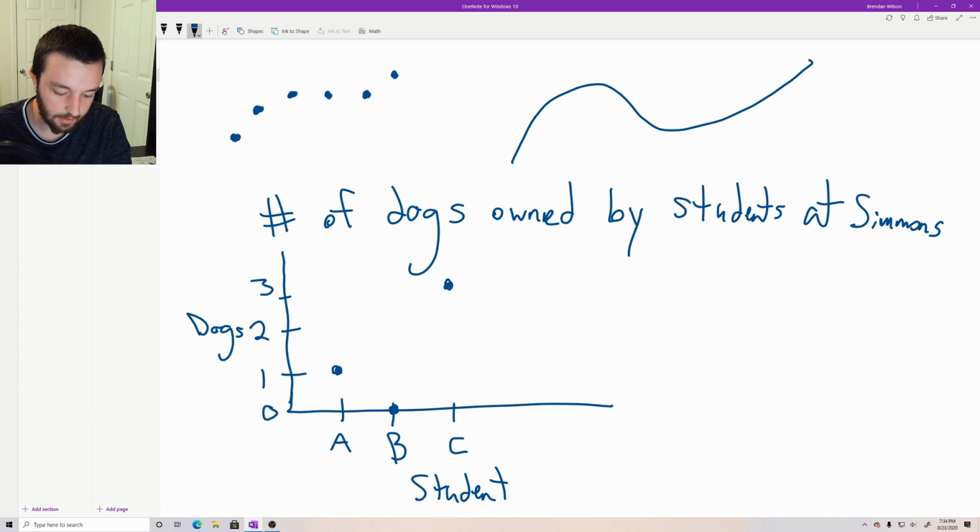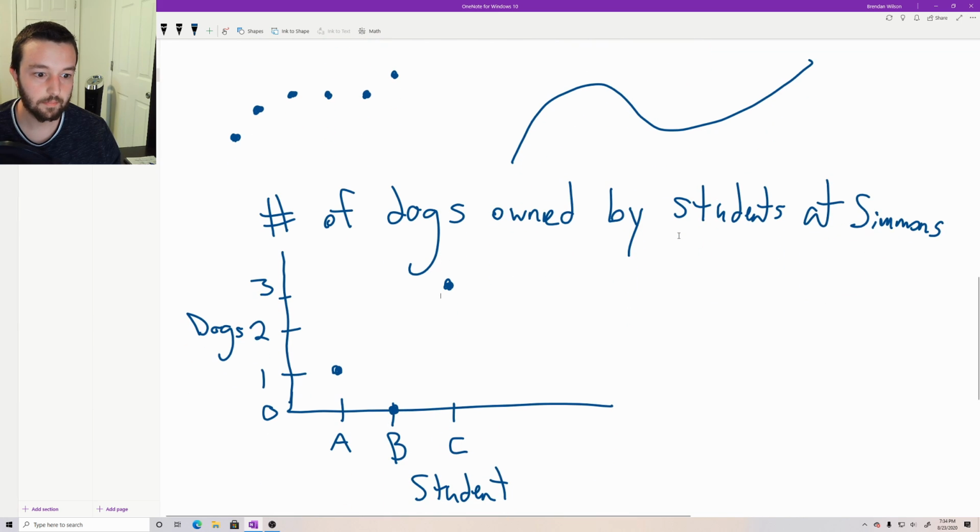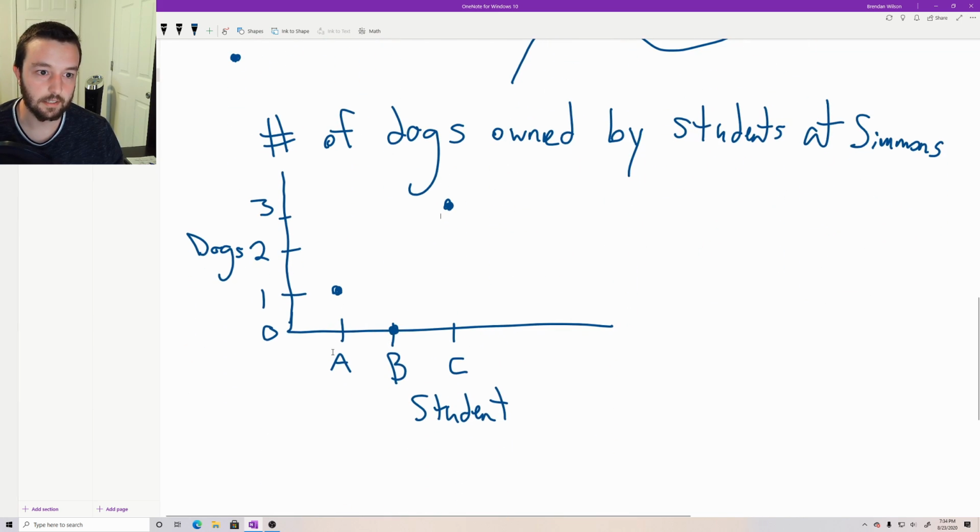Student C has 3 dogs, etc. Okay. So our data looks like the discrete one, not like the continuous one, right? So this is a good hint that this is discrete quantitative data.